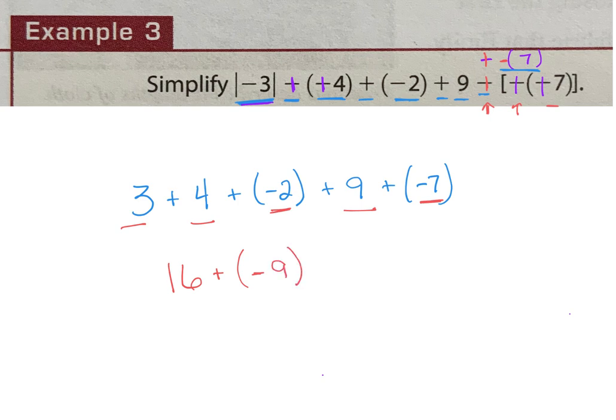And so from all of those numbers up there, I get 16 plus -9. 2 numbers with different signs that I'm adding. What am I going to do? Subtract and keep the sign of the larger. 16 minus 9 is what? 7. Which one had absolute value was bigger, the positive or the negative? Positive. Positive 7 is my answer. All right? Questions?